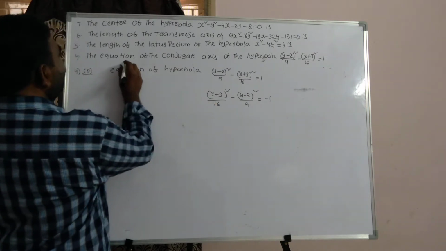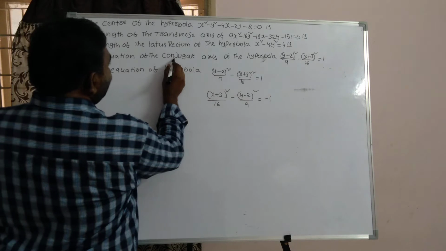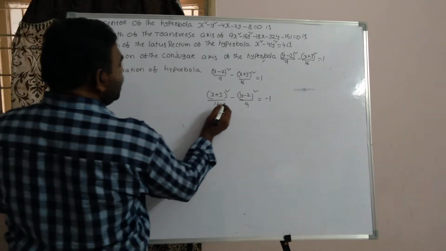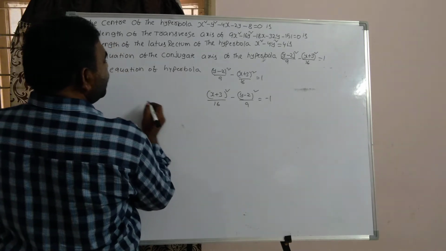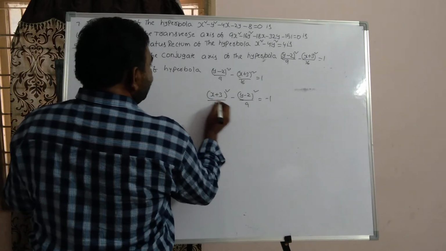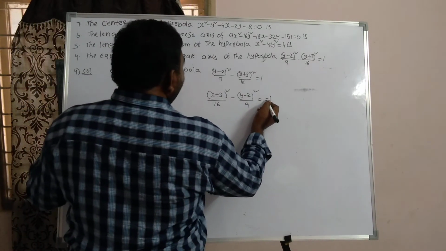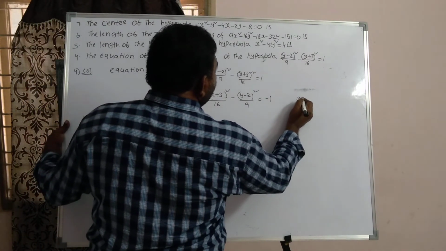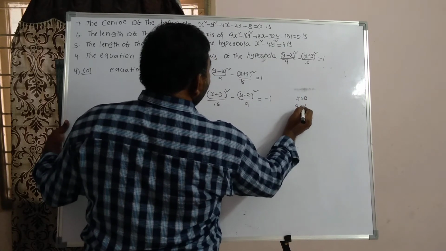So here, what do you want? Equation of conjugate axis. Equation of conjugate means here y is equal to beta. Sorry, in this situation minus is not there. Equation of conjugate y is equal to beta, but in this situation x is equal to alpha.